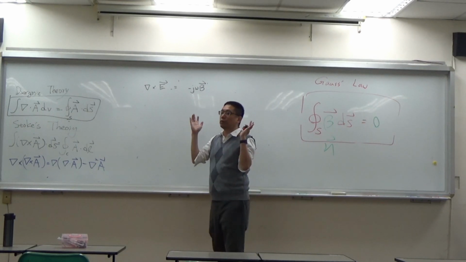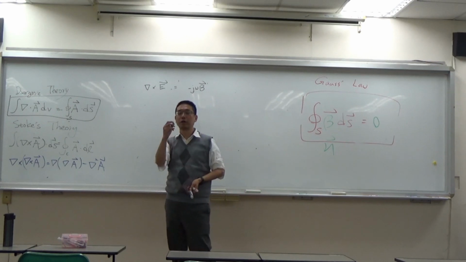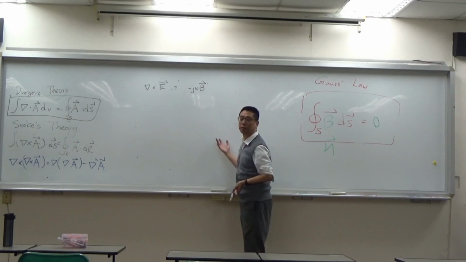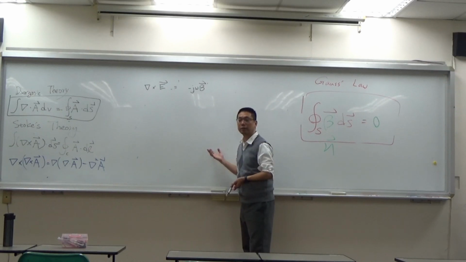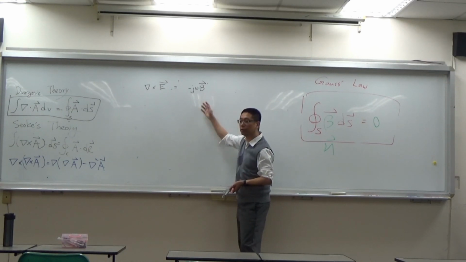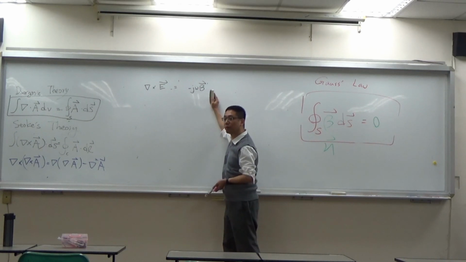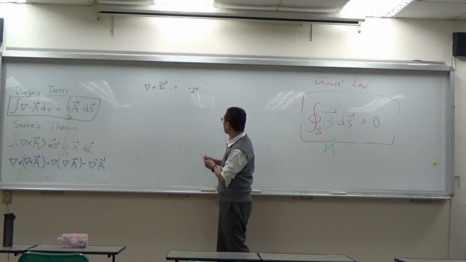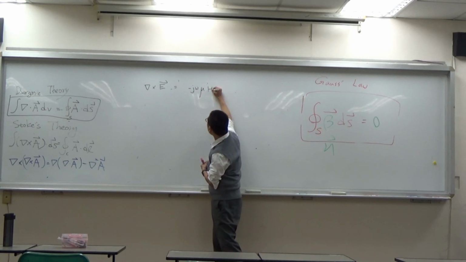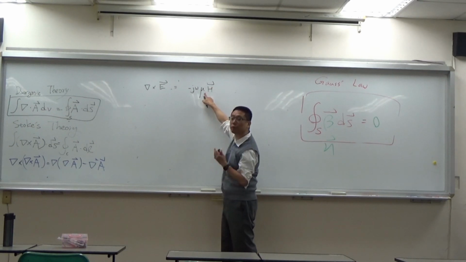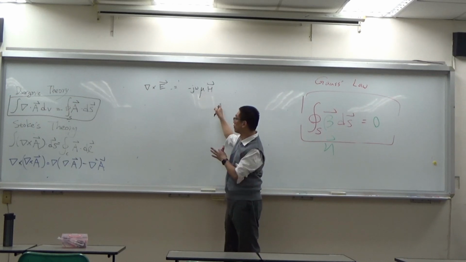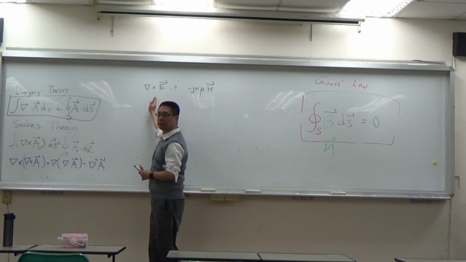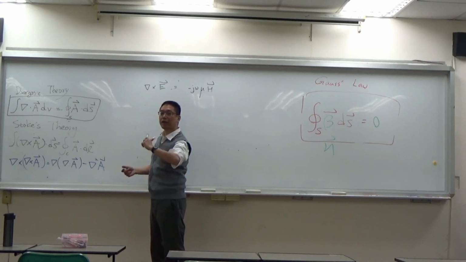If I don't want to deal with B, I want to deal with only H and E, what can we change? B equals mu H. Mu is the mu for the material, okay? So it's okay. Let's do the curl again.